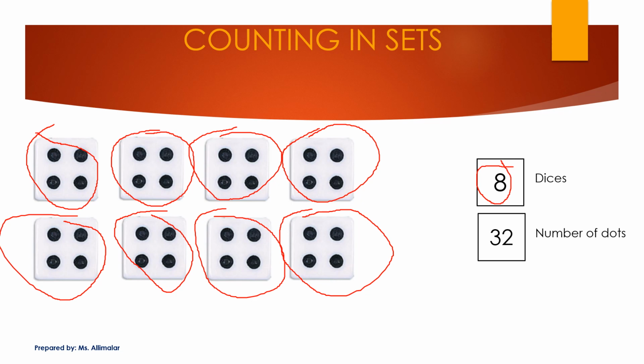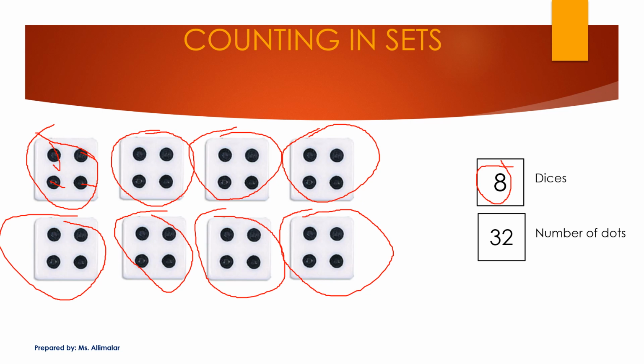Now here, if you see, 32 is the number of dots. Why 32? Suddenly how come we get 32? All right, very simple, guys. Now you are counting in sets here. How many dots in one dice? 1, 2, 3, 4. 4 dots in each dice. Here you have another 4.